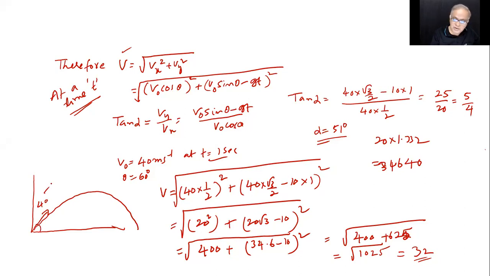The speed became how much? Speed became 32. The angle became 51 degrees. So that's how the speed and direction keep changing.